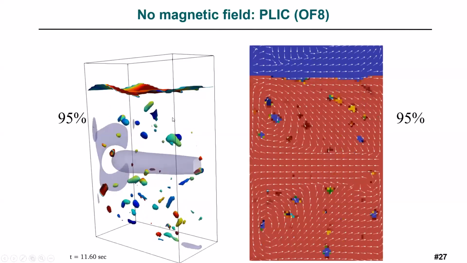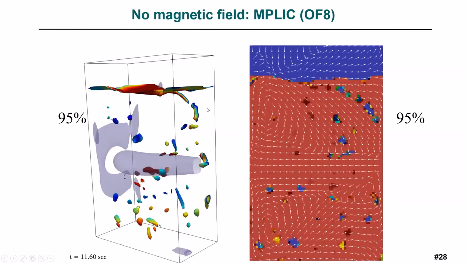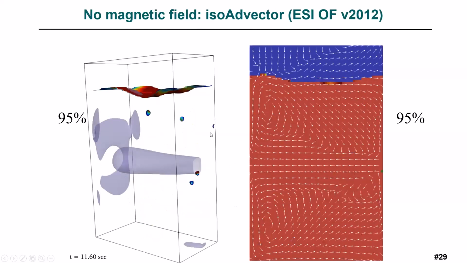These are parasitic bubbles from the numerical schemes' implementation. We see that PLIC and MPLIC still contain a lot of these small bubbles. If we change to isoAdvector, I actually have to check whether the residual bubbles still come from the numerical scheme, or whether these are really entrapped.